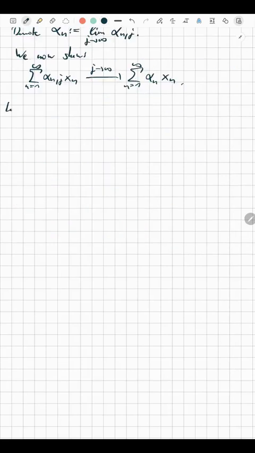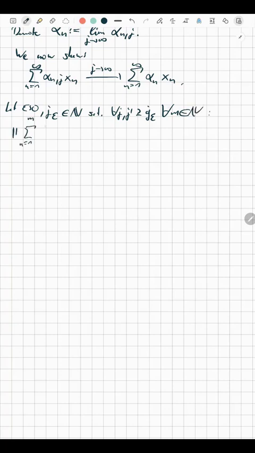So let epsilon be greater than 0. Let's take a j epsilon, dependent on epsilon, from the naturals, such that for all j and j dash which are greater than or equal to j epsilon, and for all m element of the naturals, we want to have the following.